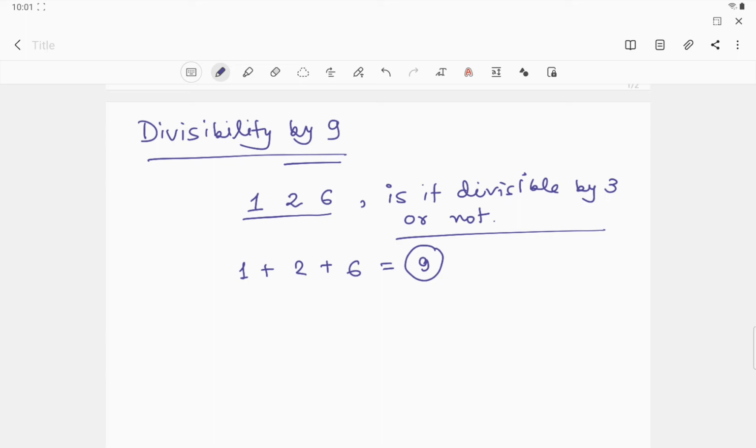Clear? How can you say it is divisible by 9? Since we are adding the digits of the number and I am getting 9, which is divisible by 9, I can easily say 126 is divisible by 9.